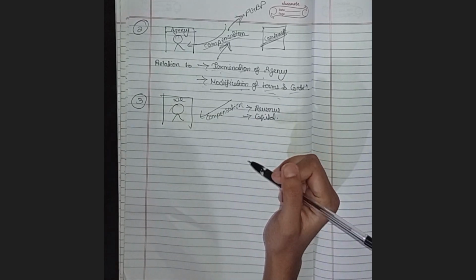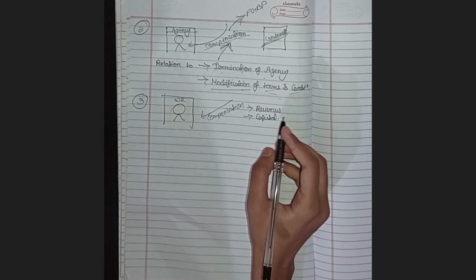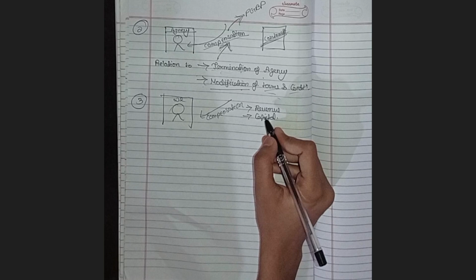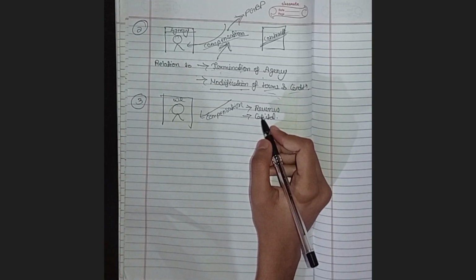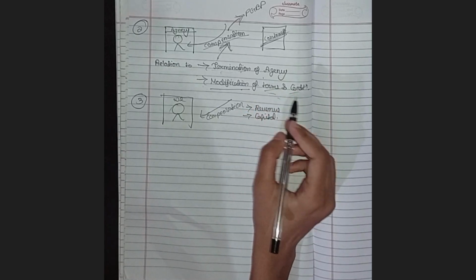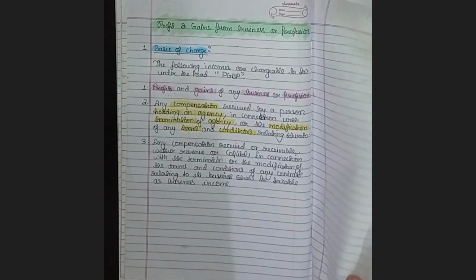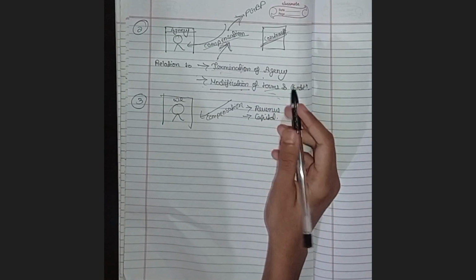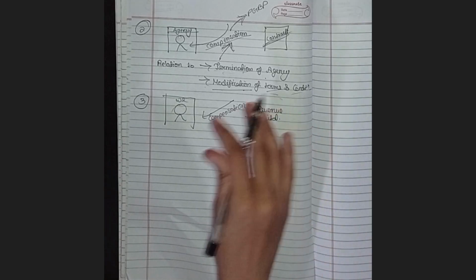Revenue means recurring compensation, and capital is one-time compensation. That was a brief explanation. I think I should move on.